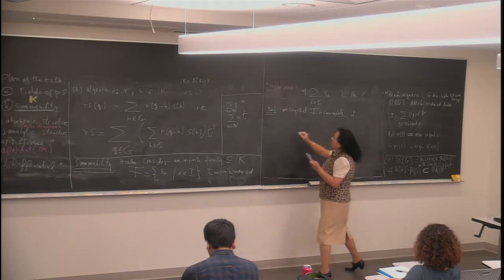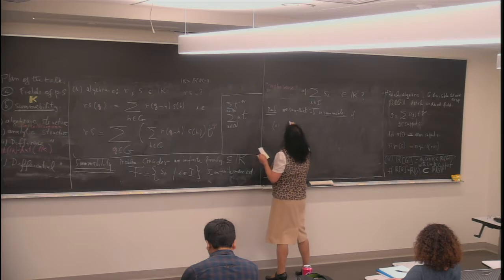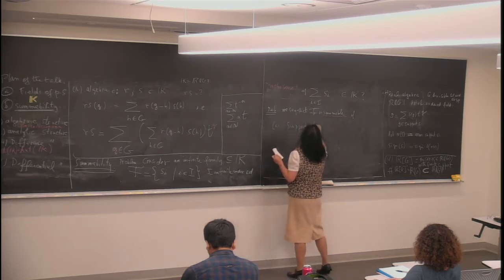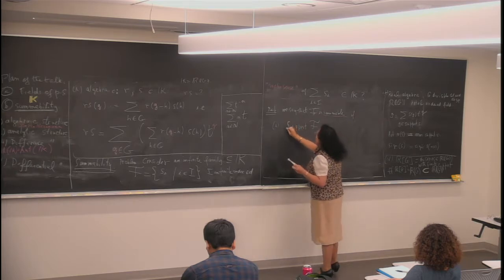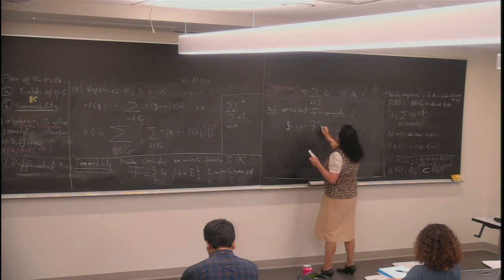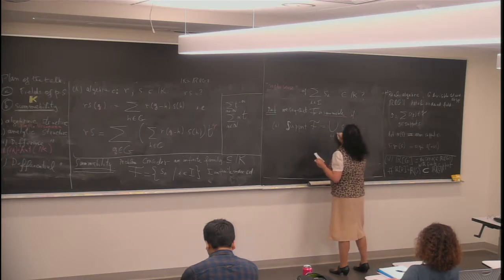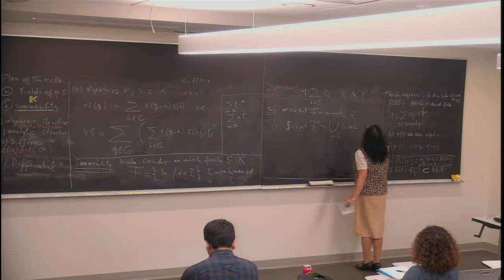And number two, we don't wreck the coefficients. So for every g in G, the set of contributions, the set S_g, where contributions means which members of my family contribute at that spot.